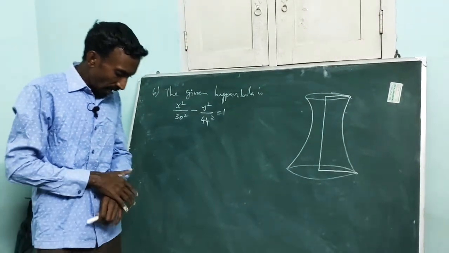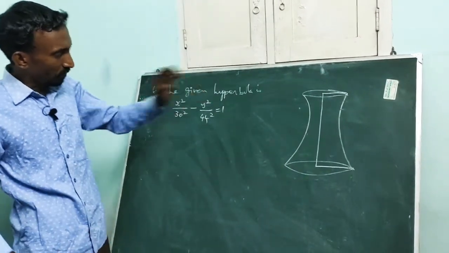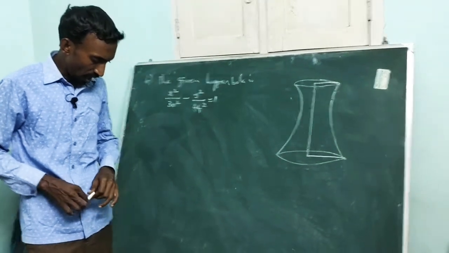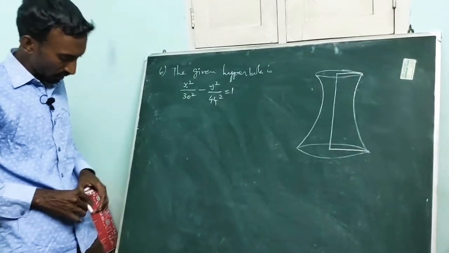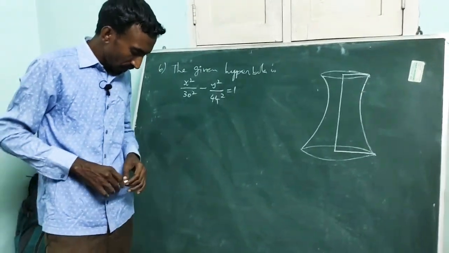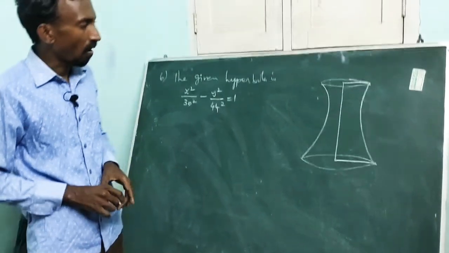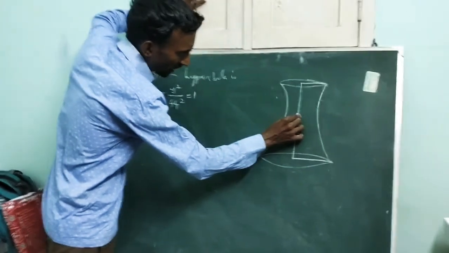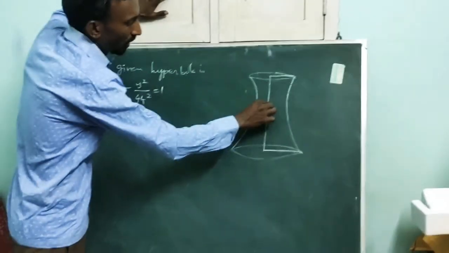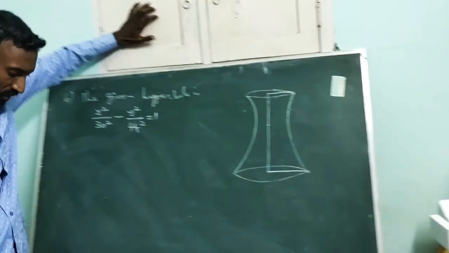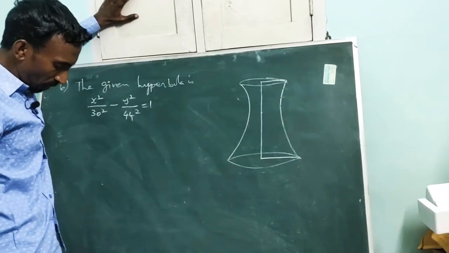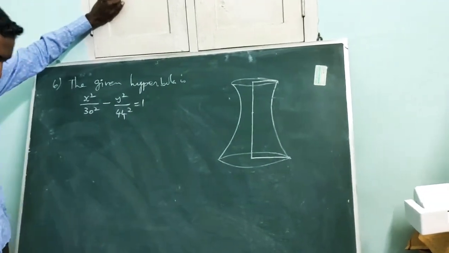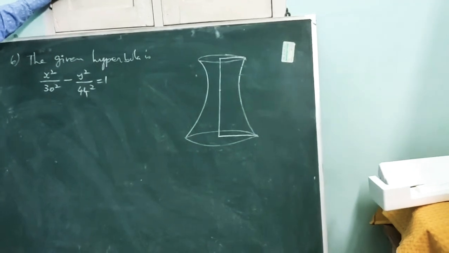Okay, and the tower is 150 meter tall, and the distance from the top of the tower to the center of the hyperbola is half the. So center, if we fix the center here, means the distance from the center to the top of the hyperbola is half the distance from the base.